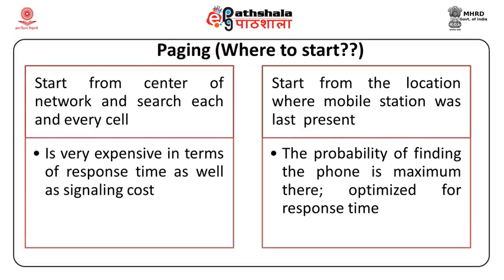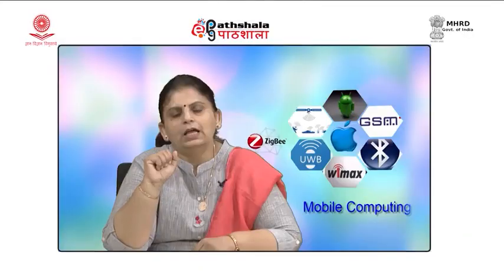Another technique uses a predictive method. It says that the probability of finding the mobile phone would be maximum where it was last seen. The last location area of the mobile phone is always updated in the HLR.